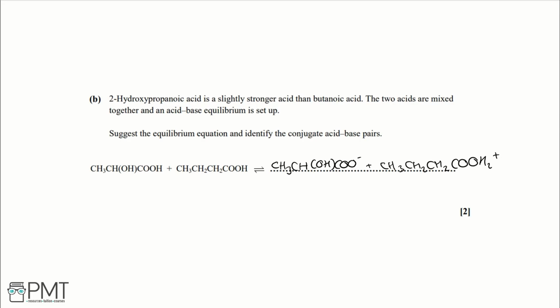We can then label the acid-base pairs. So we have acid 1 and base 1, and then base 2, acid 2. To get the 2 marks for this question, you must have the correct equilibrium written, and then you need to correctly identify the acid-base pairs.